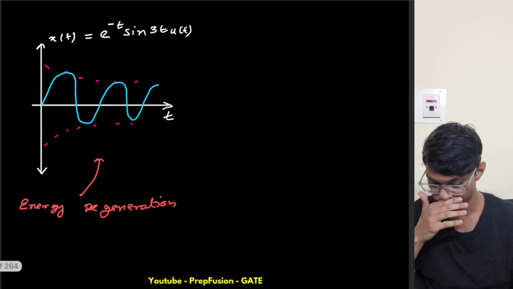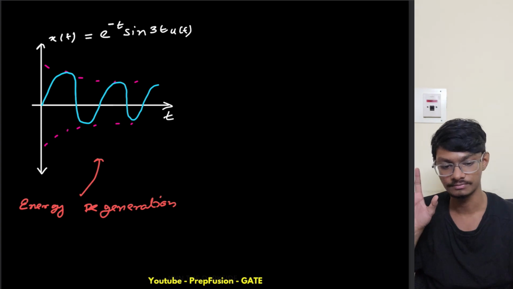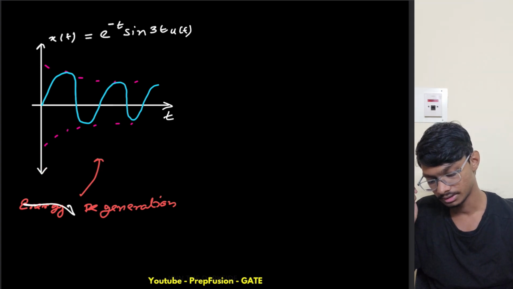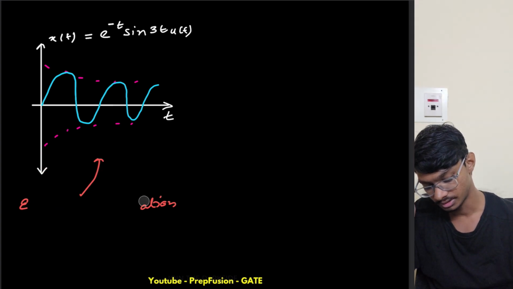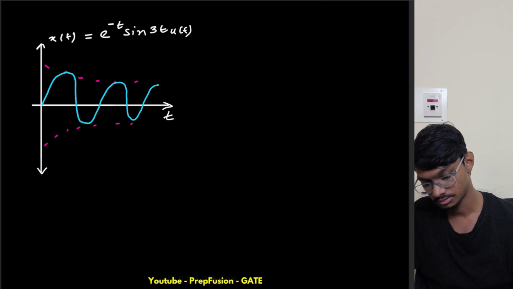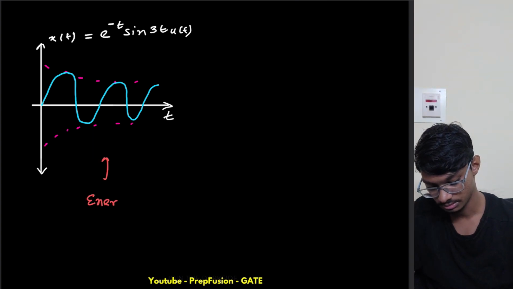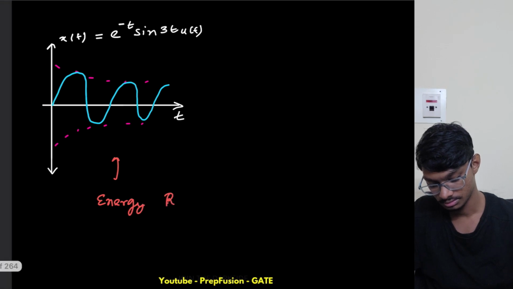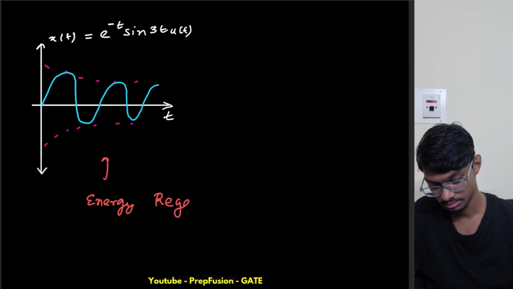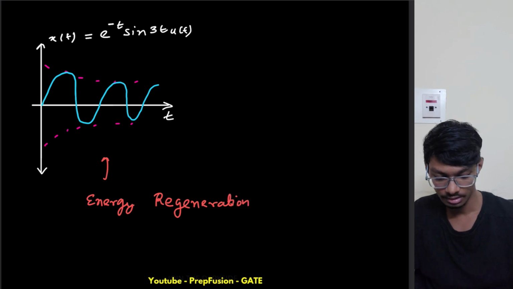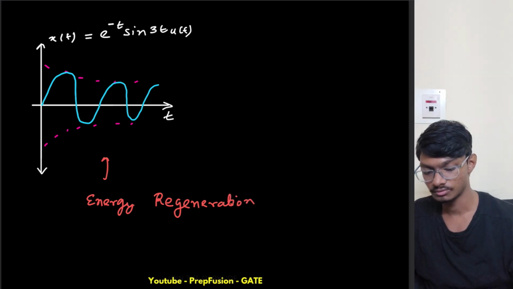Now for a negative feedback system, this is what I meant by energy degeneration. Let me write this in a better manner. Energy degeneration.